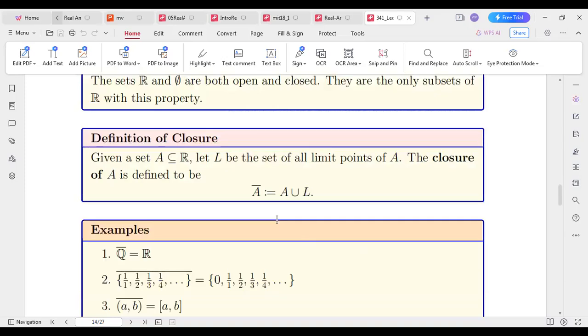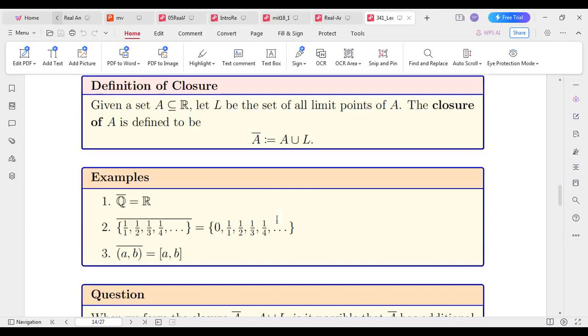Similarly, the closure of the series 1/1, 1/2, 1/3, 1/4, etc. will be 0, 1/1, 1/2, 1/3, 1/4, etc. And similarly, the closure of the open interval (a, b) will be the closed interval [a, b]. This is an example of the closure of a set.